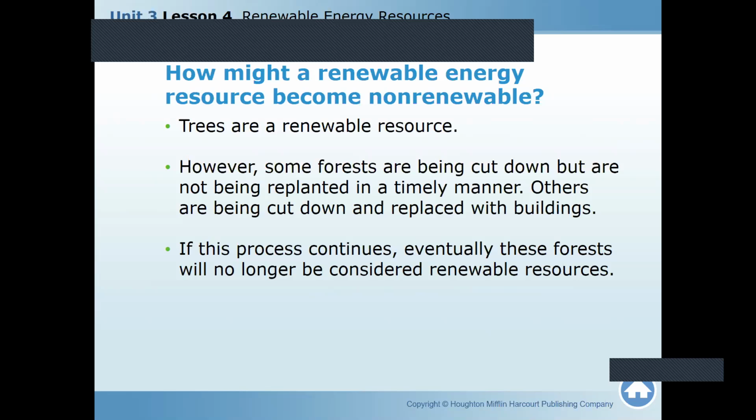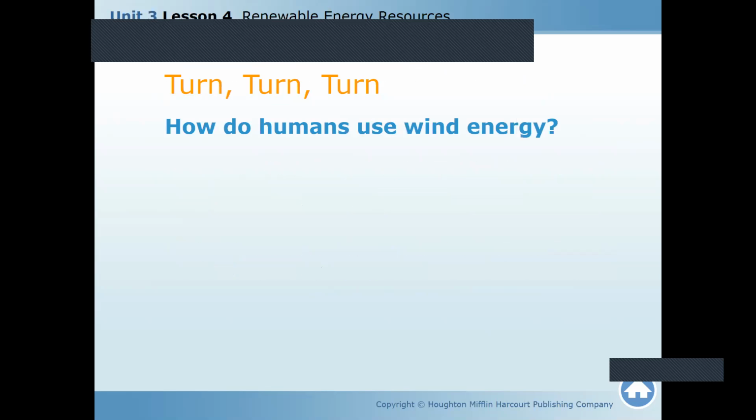If this process continues, eventually these forests will no longer be considered renewable resources because it takes years. A forest full of big trees is a renewable resource, but it can become non-renewable if people don't use it properly and cut down those trees like that.